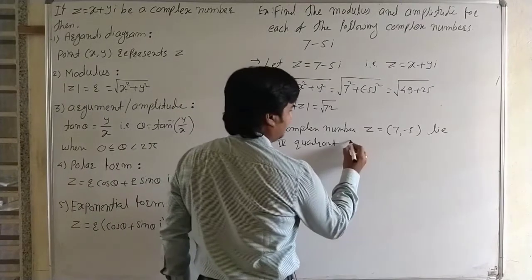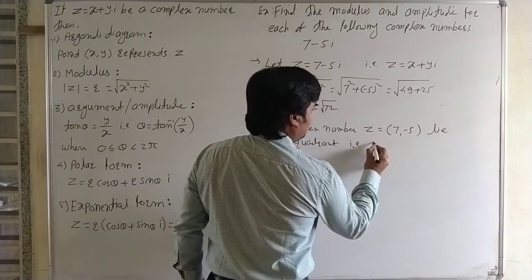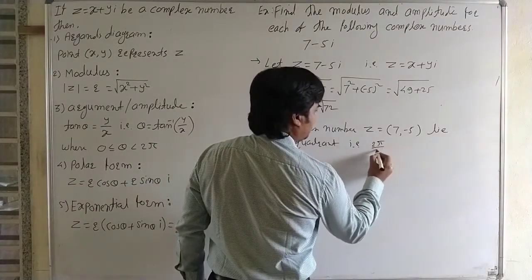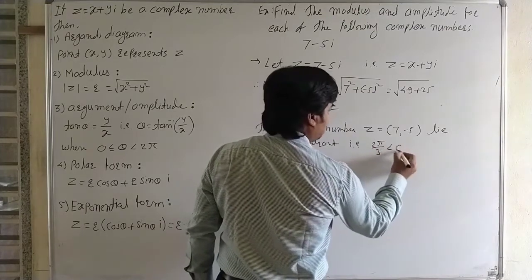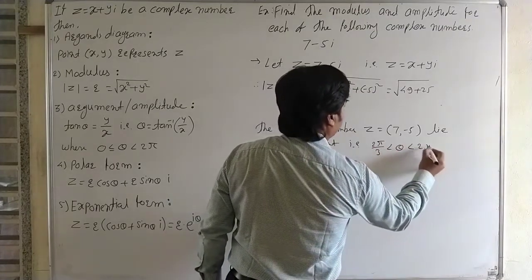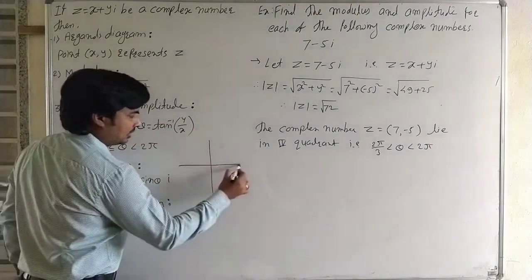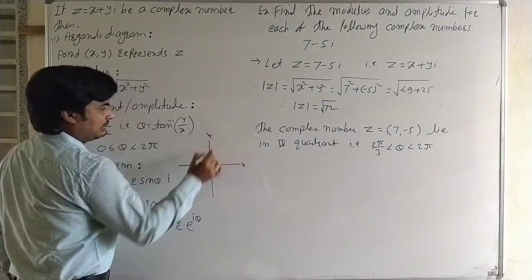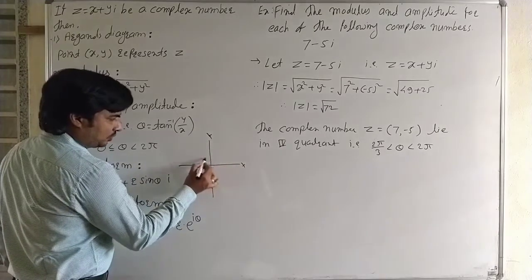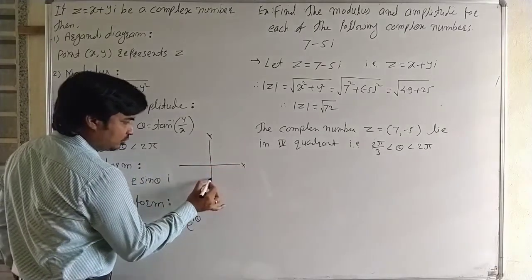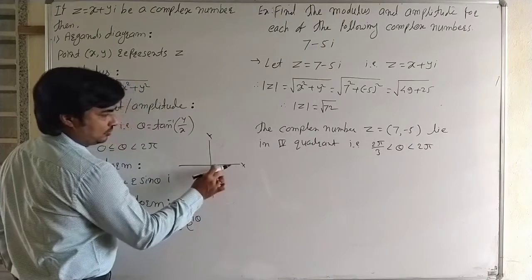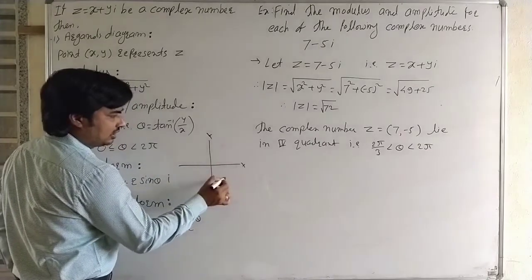In the fourth quadrant, 3 pi by 2, that is 270 degrees, less than theta and less than 2 pi. See carefully, in the fourth quadrant it is 90, 180, 270, and it is 270 to 360 in the fourth quadrant.